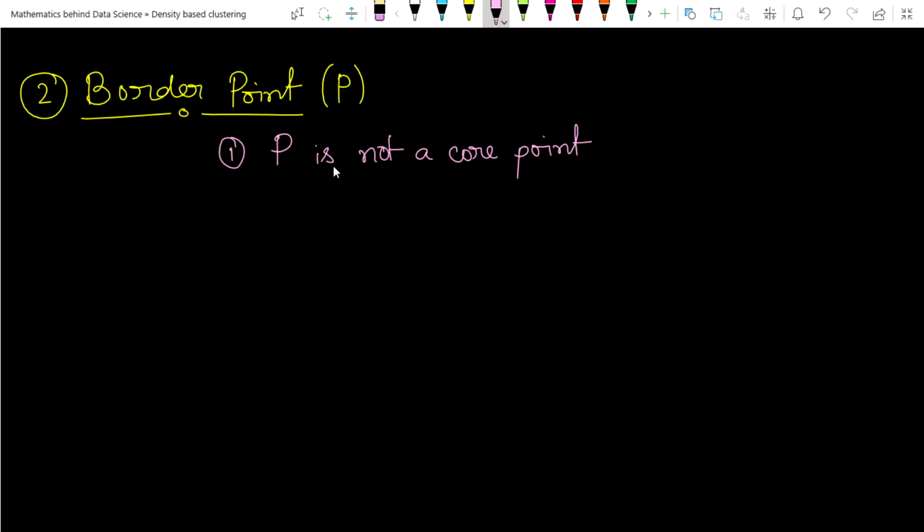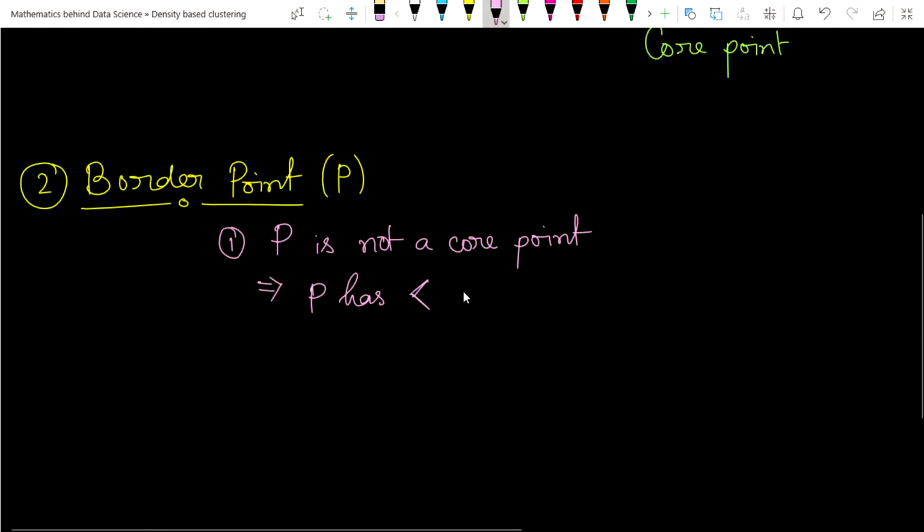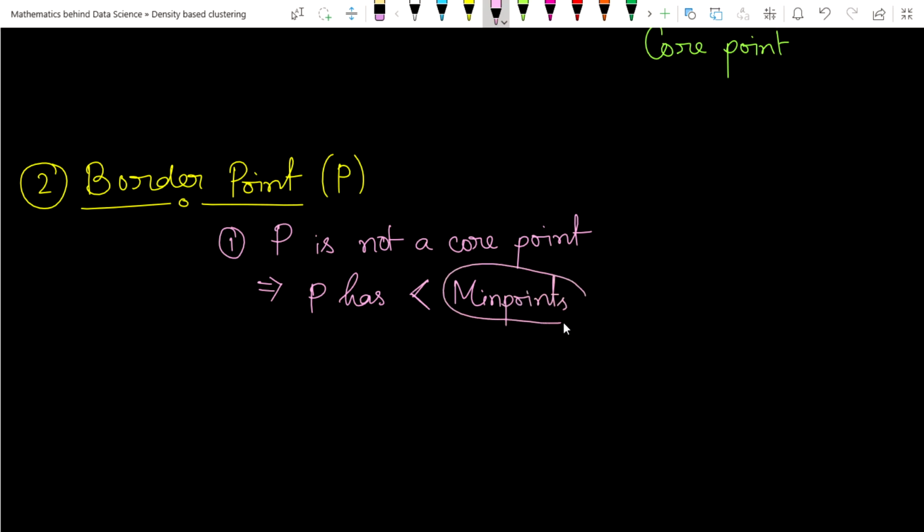If P is not a core point, that means the number of points in its epsilon radius is less than min points.